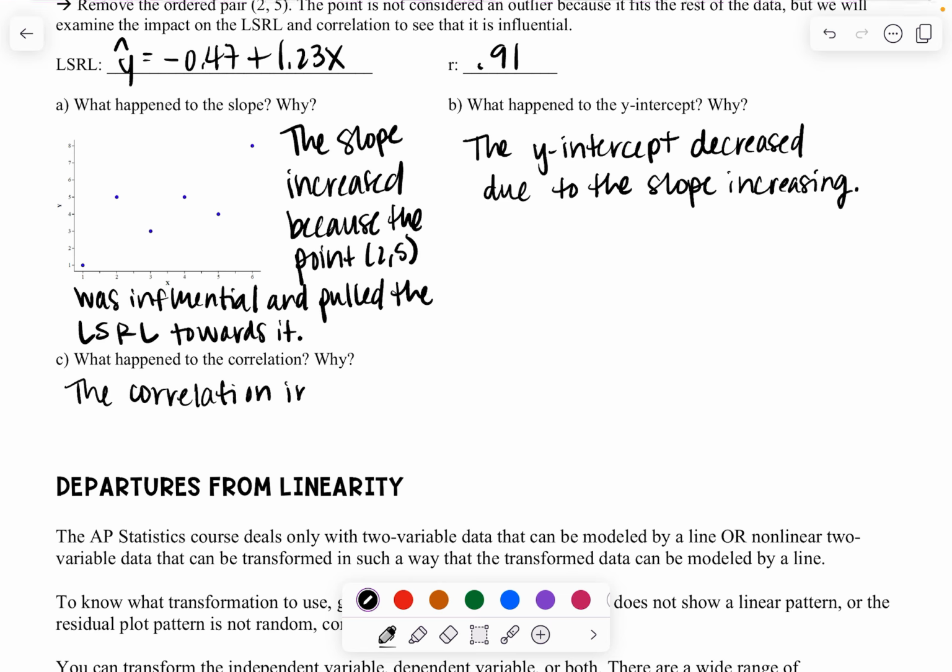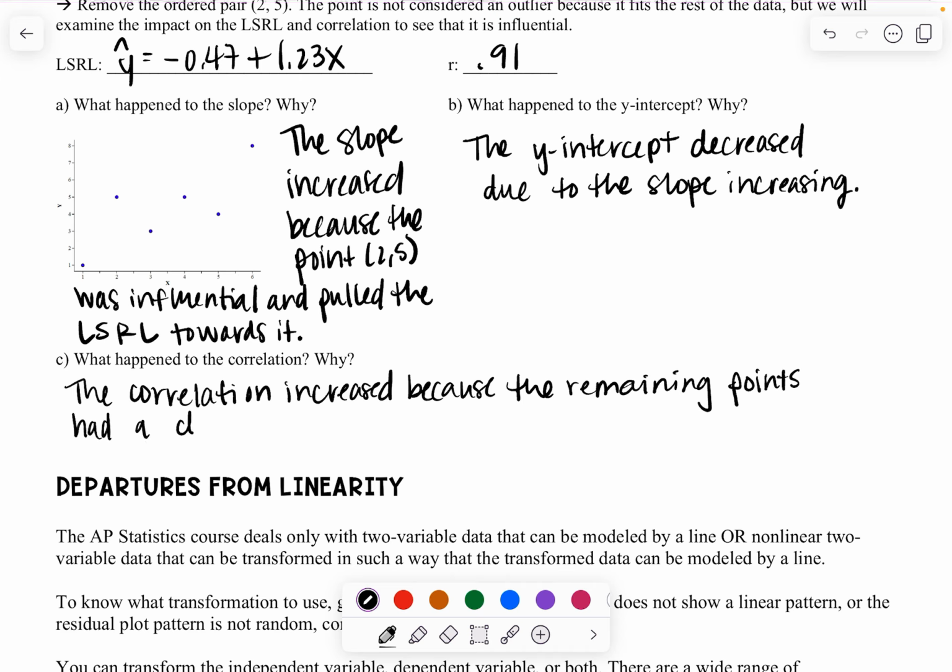Because the remaining points had a closer spread around the line of best fit. So because those points fit the new linear regression model a lot better, that caused the correlation to increase.